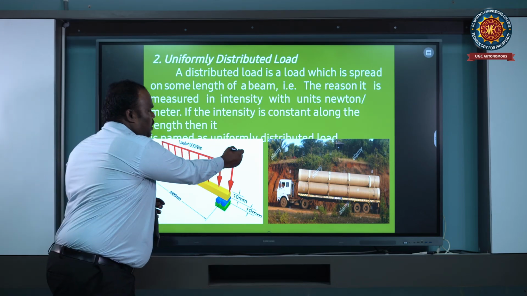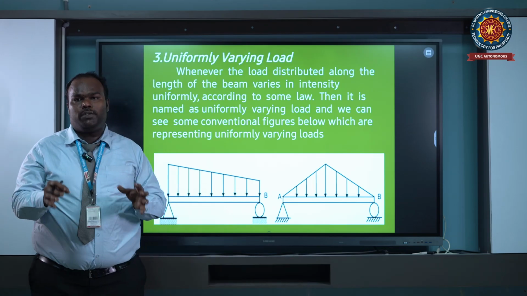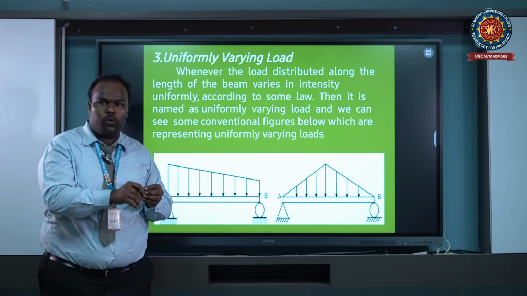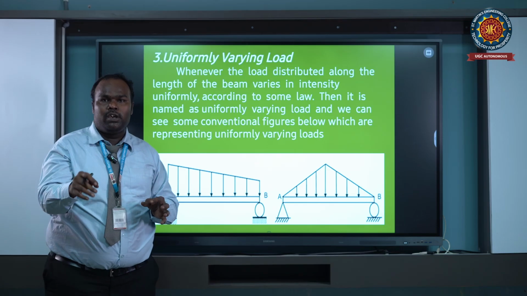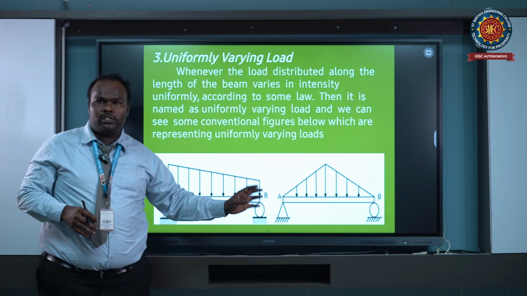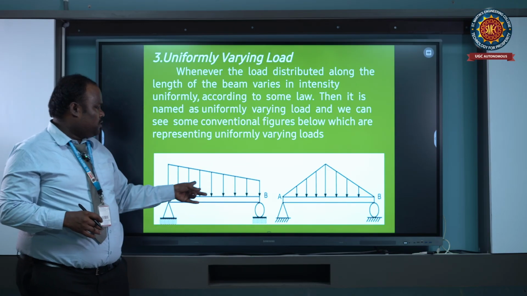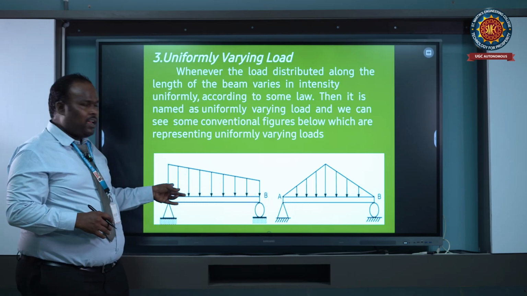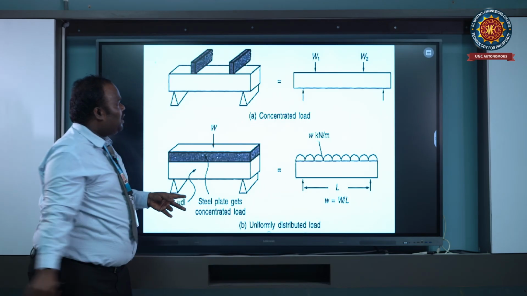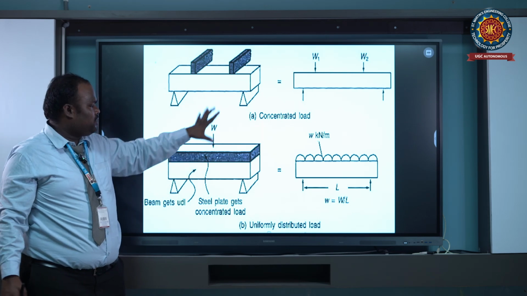And next one, uniformly varying load. The intensity of the load varies from one position to another on the beam. It is called uniformly varying load. Here also the units are Newton per meter, like these figures, triangular and trapezoidal shapes. These are some different types of load figures shown here.